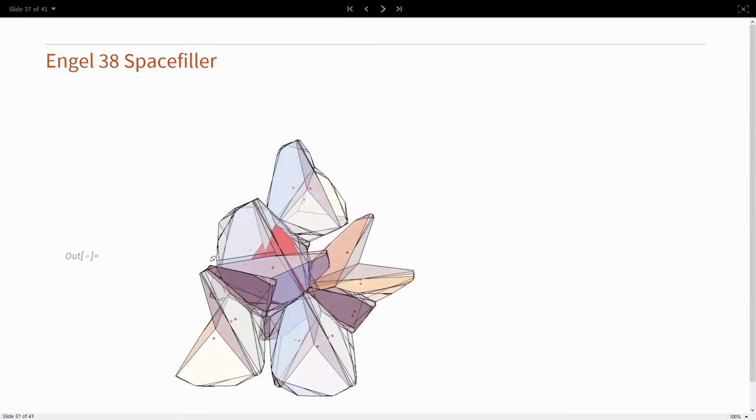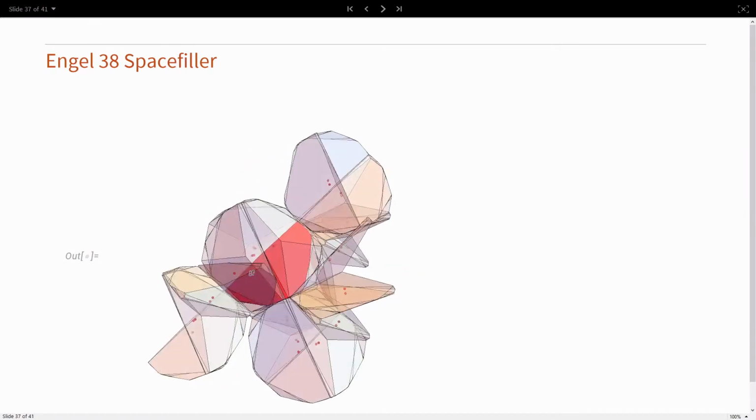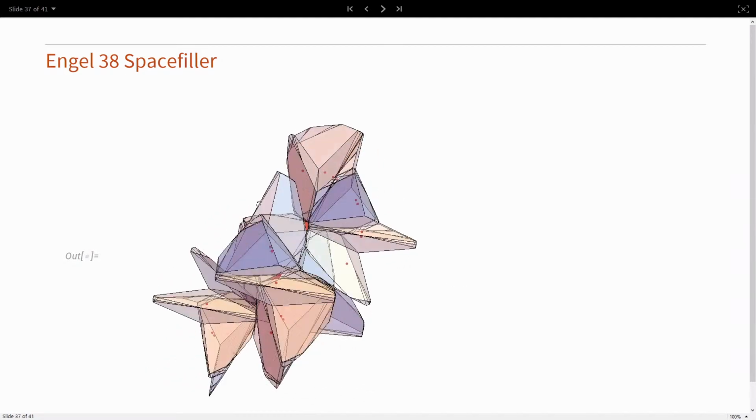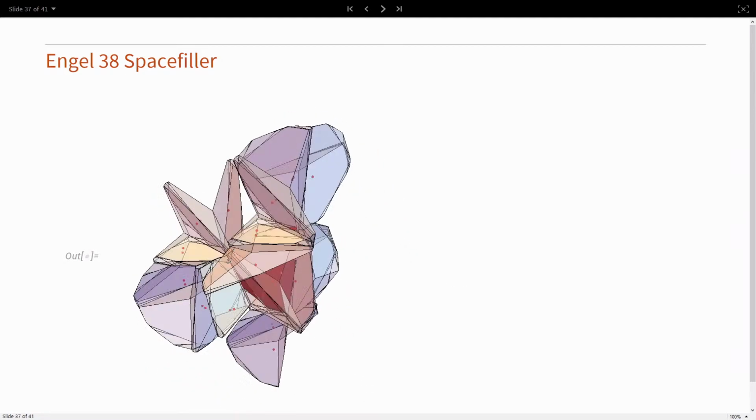It's a convex object, and this is the largest known space-filling polyhedron that's convex. However, there were no 3D pictures of it anywhere.